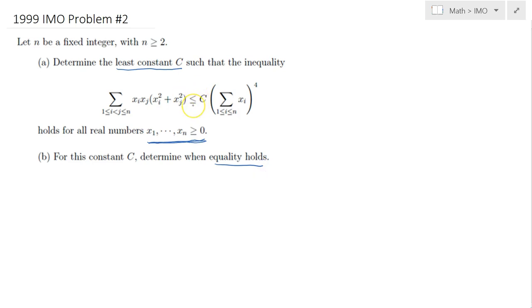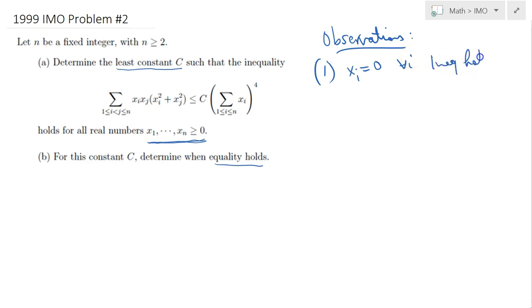So the inequality will hold as an equality. Before I begin, I would like to make two observations. The first one is that if all the xi's are equal to 0, then the inequality holds automatically, and there is pretty much nothing to do.